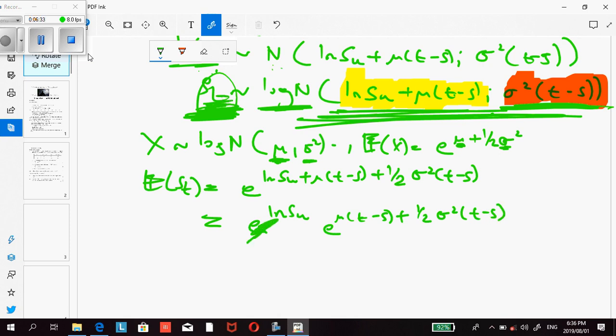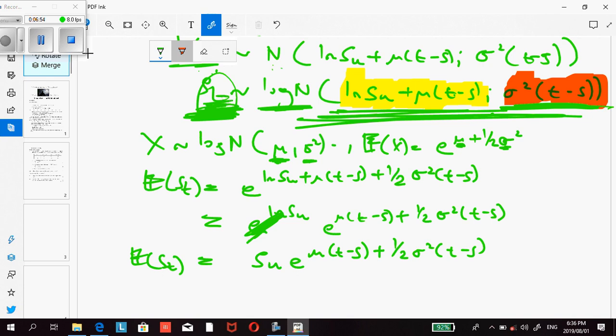Now, do you agree with me that this will just cancel and I will be left with S_u multiplied by e to the power of mu into (t minus s) plus a half sigma squared into (t minus s), being equal to the expected value of S_t.